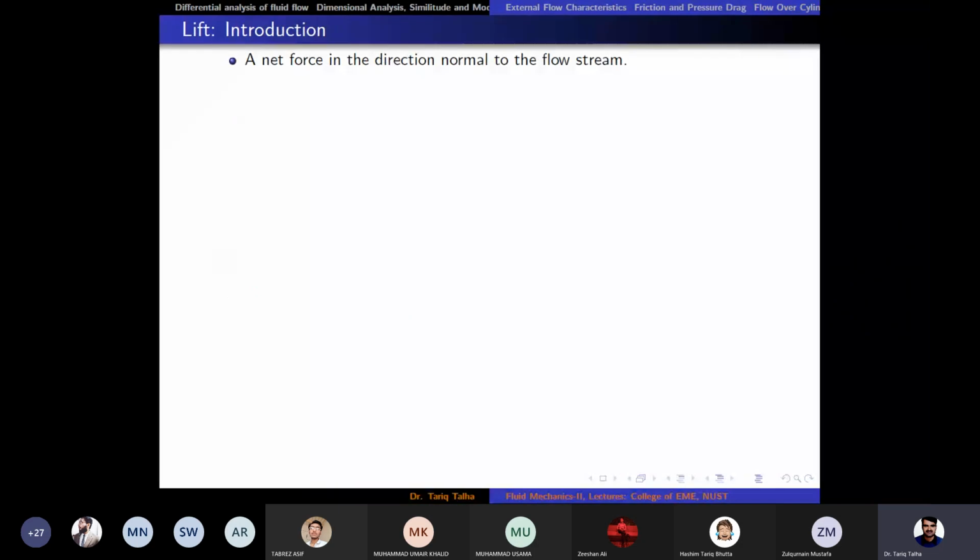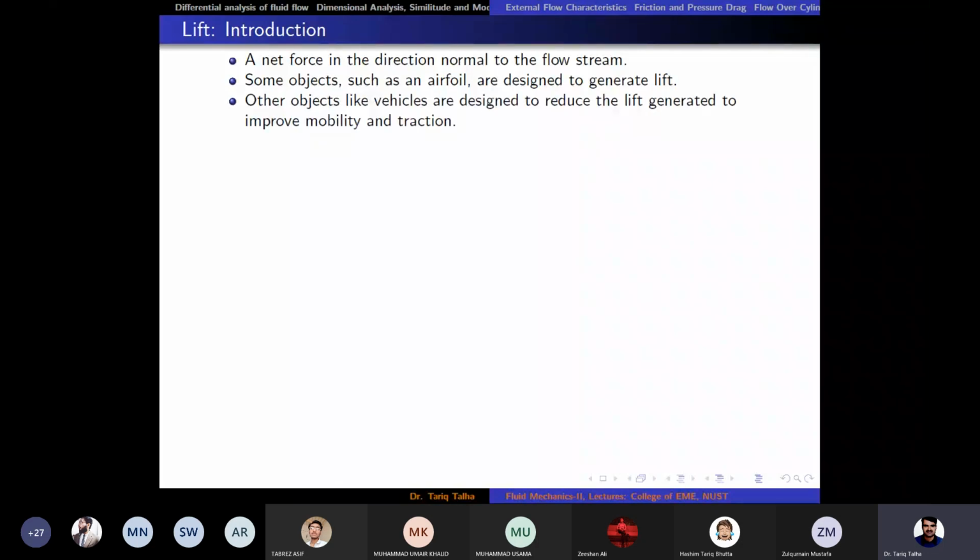That is the force in the direction normal to the flow stream. Drag force is the force parallel to the flow stream, and lift force is the force perpendicular. Some objects such as aerofoils are designed to generate lift. Other objects like vehicles are designed to reduce the lift generated to improve mobility and traction.